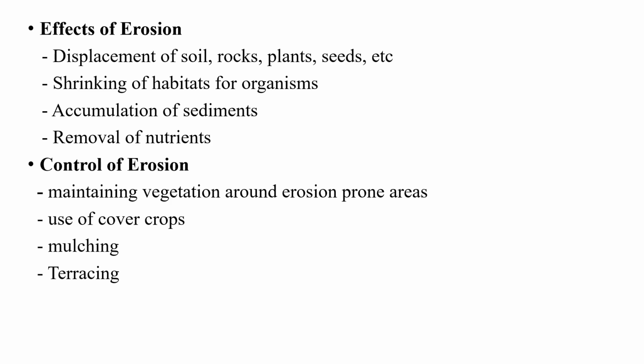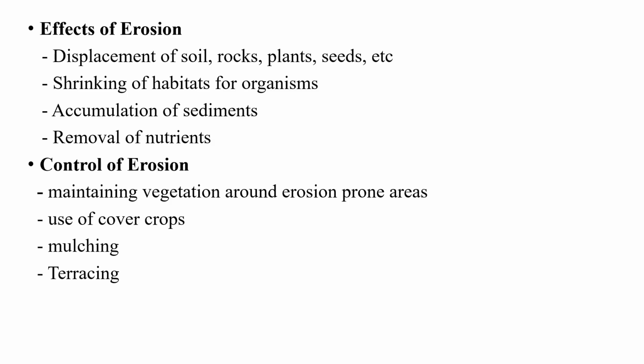Now we have another effect, and that is shrinking of habitats for organisms. When you have erosion taking place, it's going to affect some organisms. For example, microorganisms live inside the soil, especially surface soil.